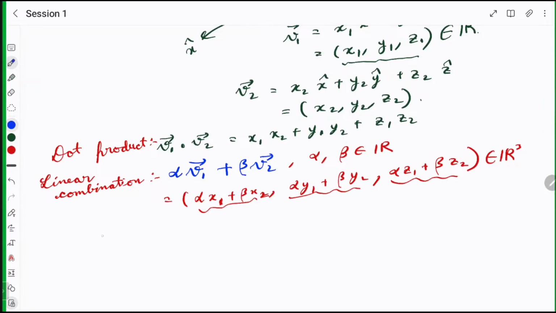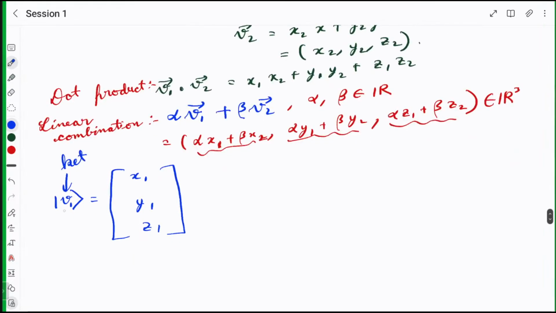So for example, v1 would be written somewhat like x1, y1, z1, and instead of v1 vector, we would use this notation. So this we would call a ket, and I'll explain why it is called a ket in some time. So this would be ket v1, for example.